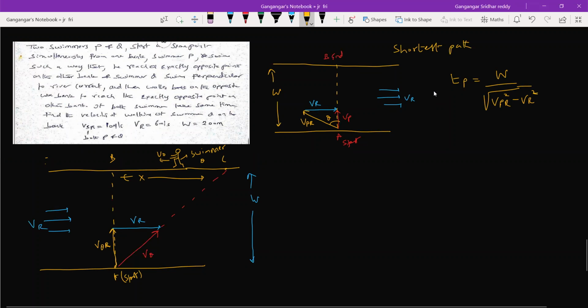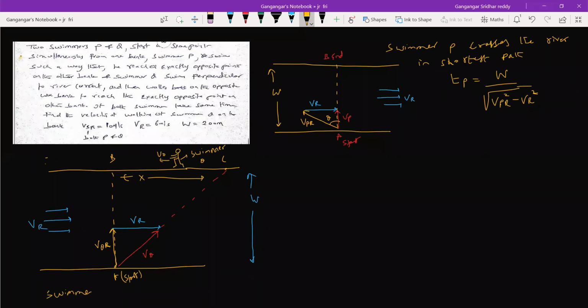What about swimmer Q? Swimmer P crosses the river by the shortest path. Swimmer Q crosses the river in the shortest time.